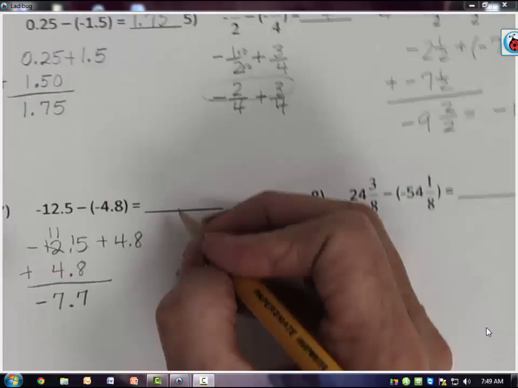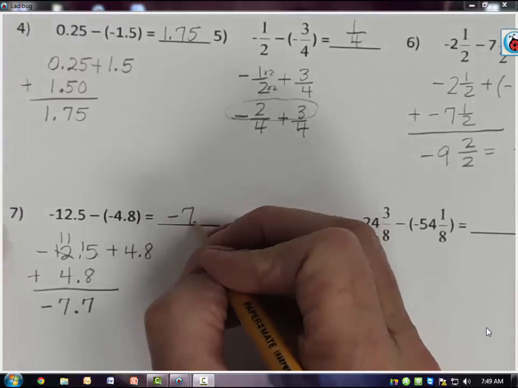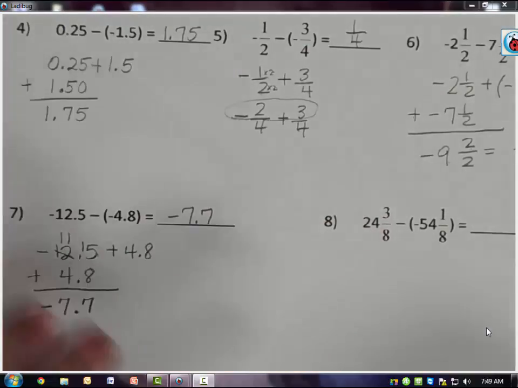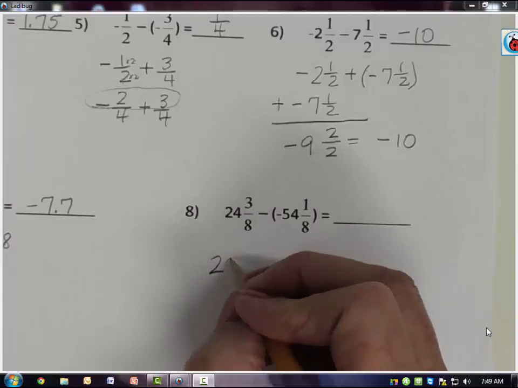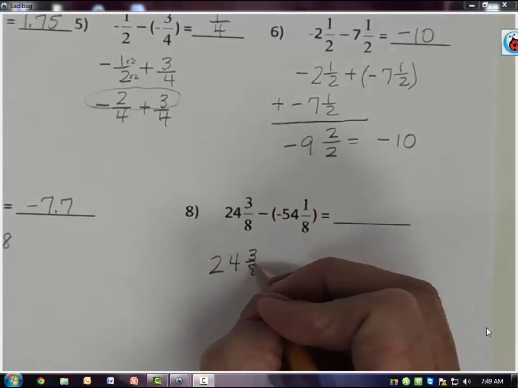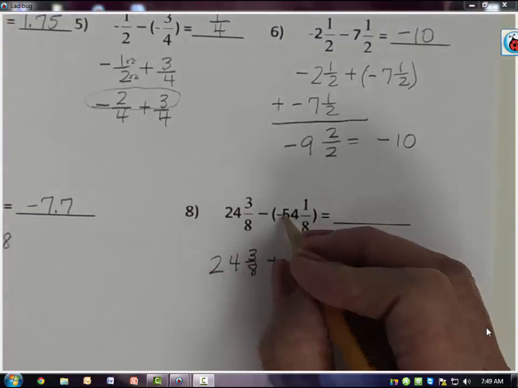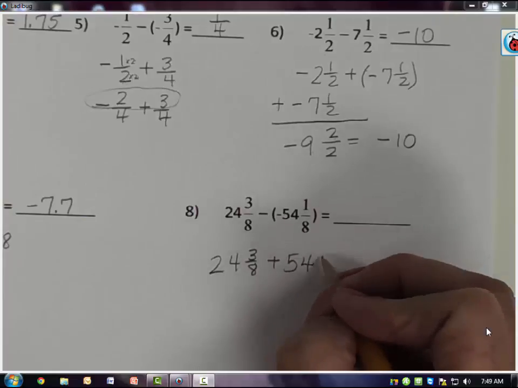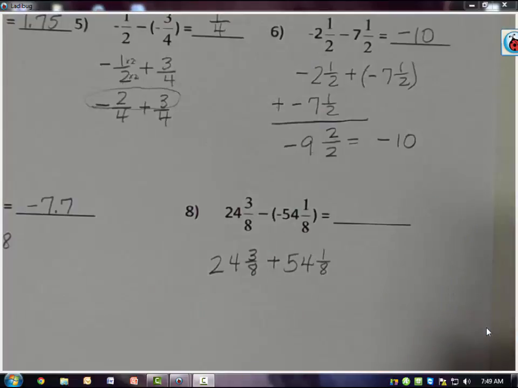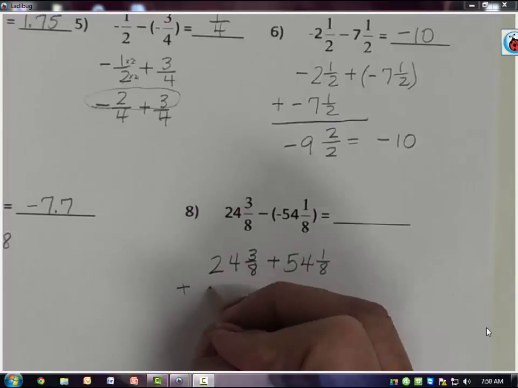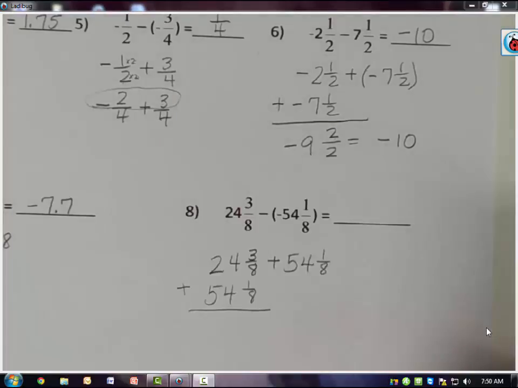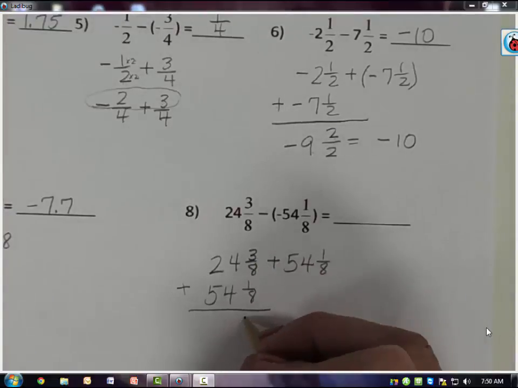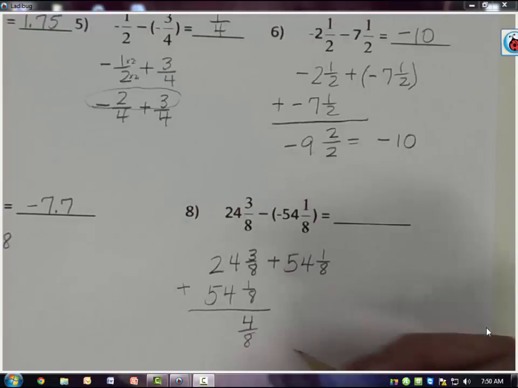Last but not least, we're going to do 24 and 3/8 plus, and that changes to a positive, 54 1/8. So write it down vertically. It's easier to do vertically, especially when you don't have a common denominator. So 3/8 plus 1/8 is 4/8. 4 plus 4 is 8. 2 plus 5 is 7.